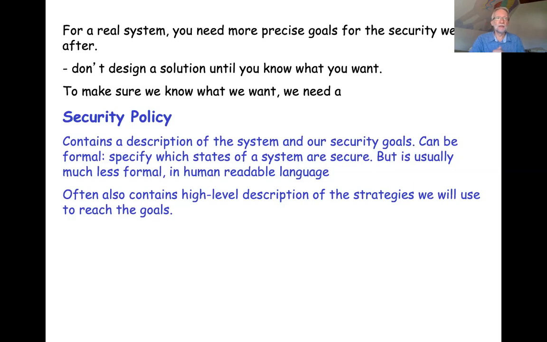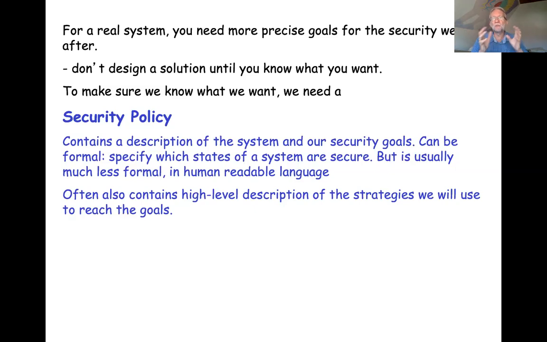This thing can be very, very formal and very mathematical, if you will. You could choose to see the entire system, all the machines in the system, as one big state machine, where the state is specified by everything that's on disk, all the bits in every register in the system. And of course, this is going to define a huge set of possible states the system might be in.